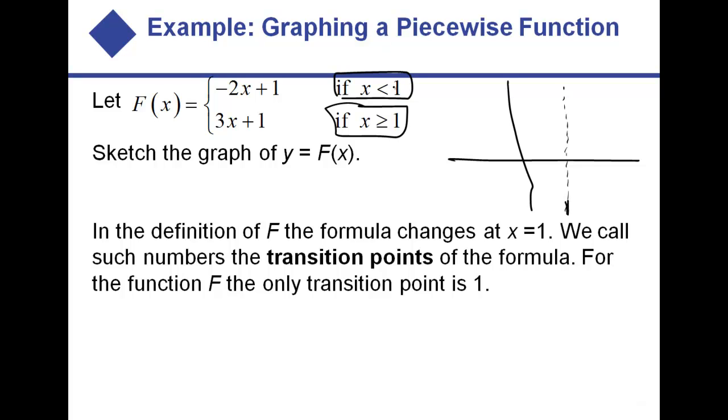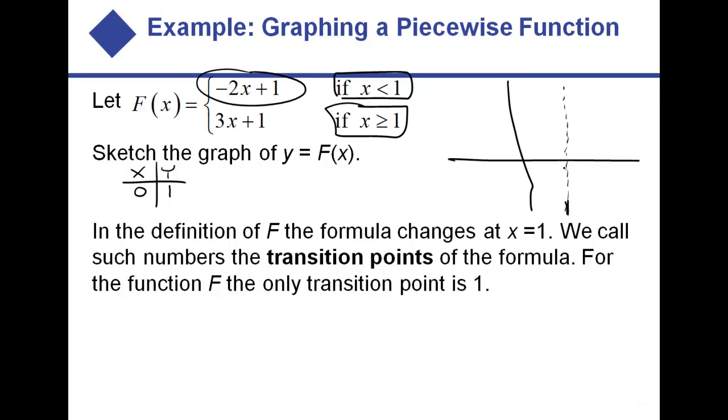So the left-hand side, less than 1, graphs as this. So now you can pick a couple points and graph the line over here. And since it's a straight line, we know we only have to graph 2 points to figure out what it is. So I'd go over here very simply and do x, y, and say if x is 0, y is 1. And let's go ahead and pick 1.